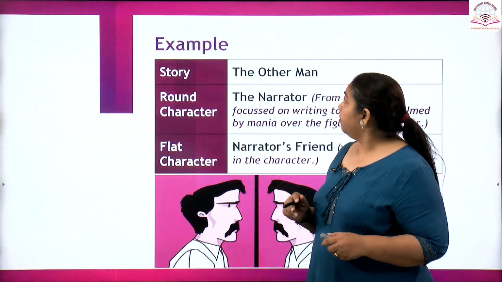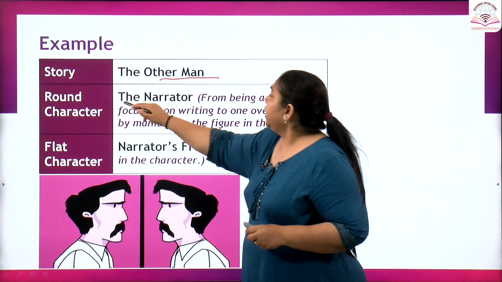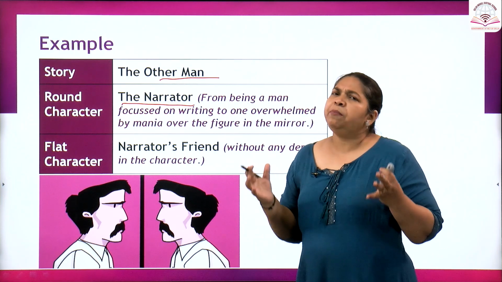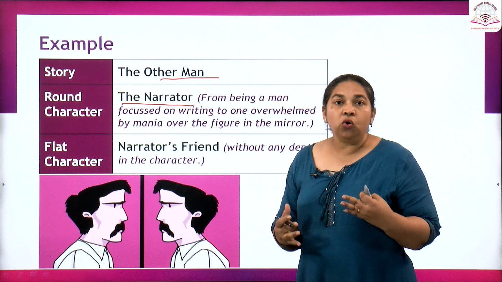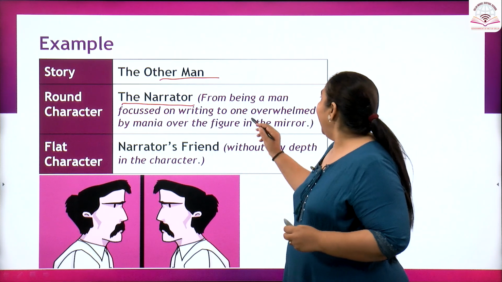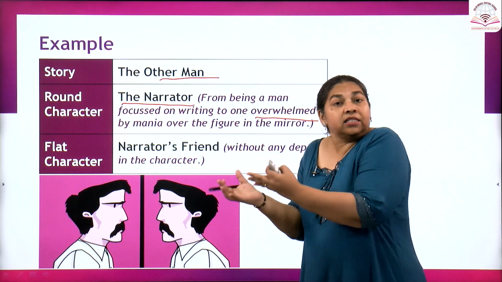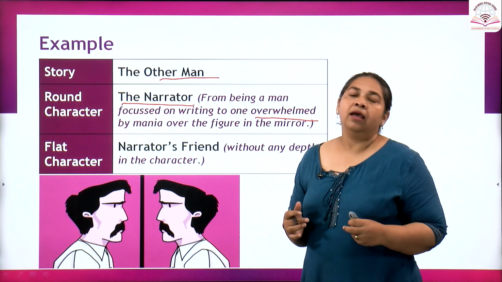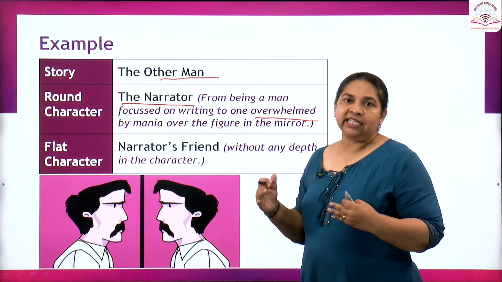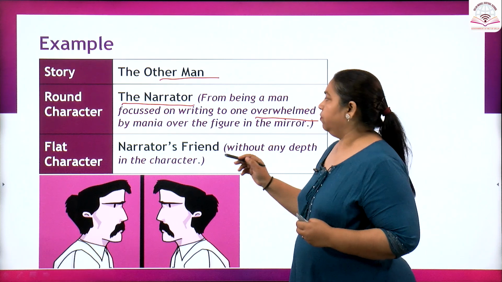Let's look at an example. The story The Other Man. The narrator is a round character. He begins with only being a writer, but slowly he sees an image of himself in the mirror and he gets overwhelmed by the mania that there is another man in the mirror and he's taken over by him, and the story progresses with his fight with himself.